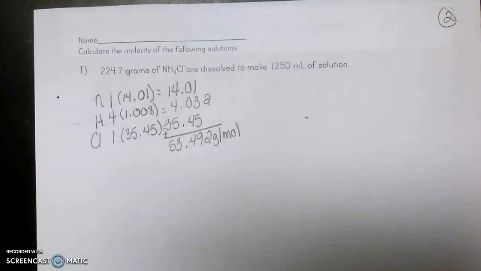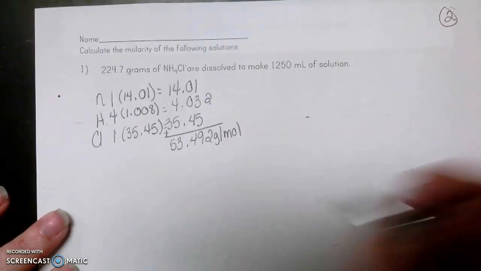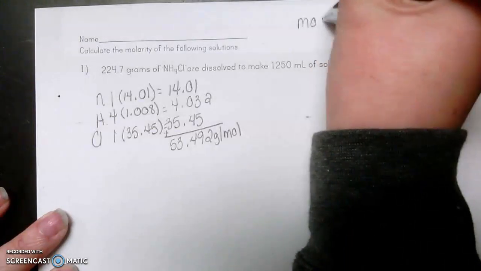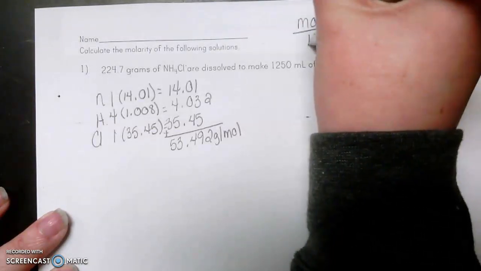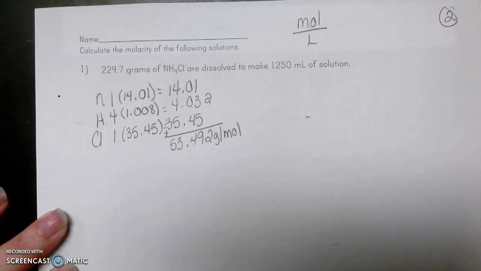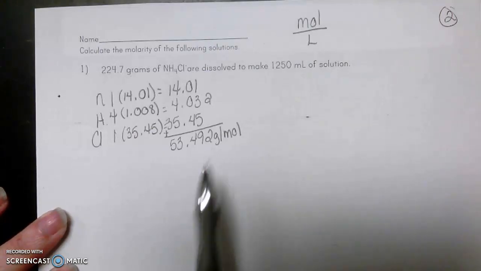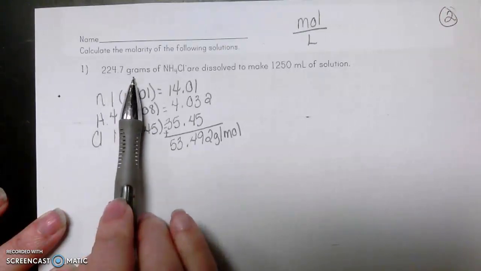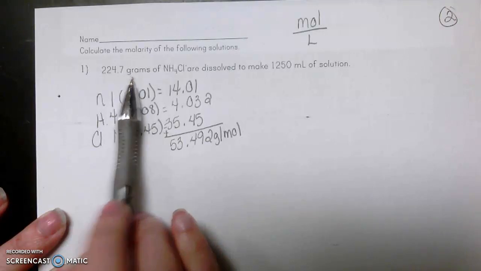But we want the molarity of this solution. So to find the molarity, remember, molarity is moles divided by liters. So we have the molar mass, and it's given us grams in this problem, so we need to convert these grams to moles.